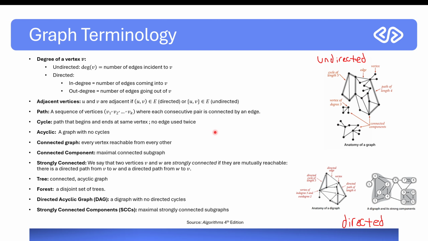And we can also describe something in terms of digraphs. This terminology is only for digraphs. It's called strongly connected. That's just to describe that there's a directed path from V to W, from 2 arbitrary nodes, and then there's also a path back from those 2 arbitrary nodes. That's used to describe what we call strongly connected components.